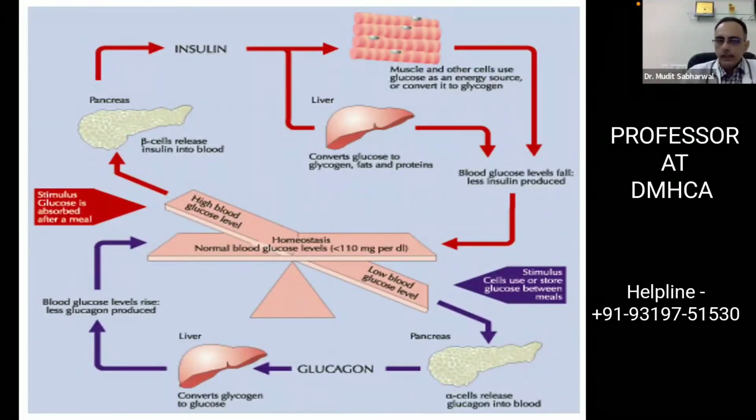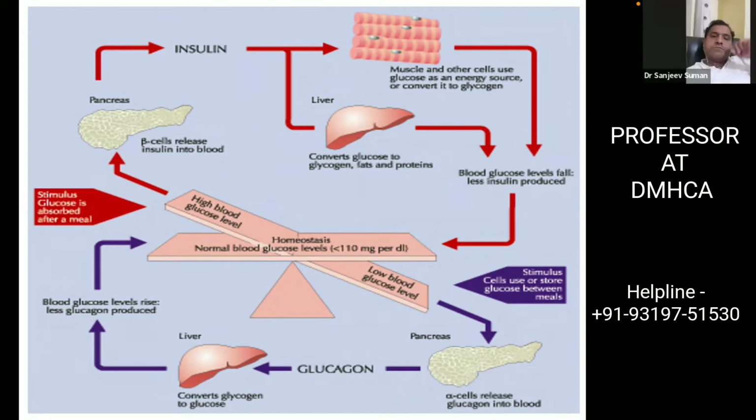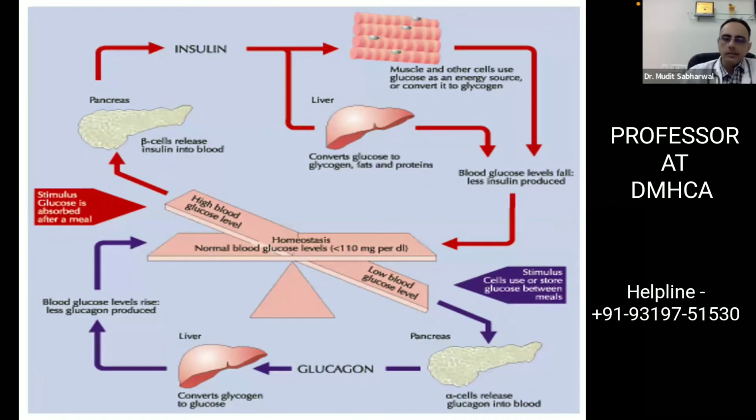That's the insulin pathway. Basically, the insulin takes up the glucose in the muscles. Blood glucose levels fall, and if less insulin is produced, it ultimately leads to homeostatic disturbance. In the liver, it converts the glucose to glycogen, fats, and proteins, which again causes glucose levels to fall. It's a complete pathway going from pancreas to muscles and liver.